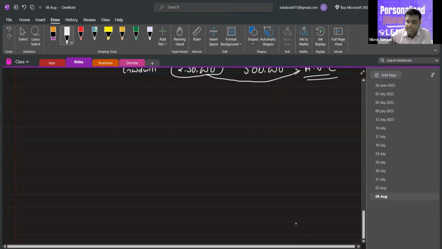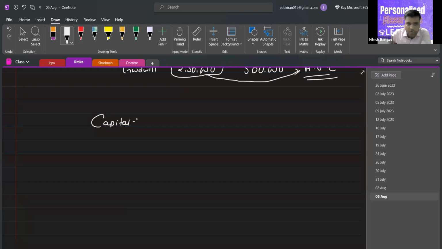Now, why is he bringing two things? Actually, capital is brought by the new partner for a share in assets and liabilities. There are two things that a new partner receives in a firm: a share in assets and liabilities, and the second thing is goodwill, which he brings for a share in profit.